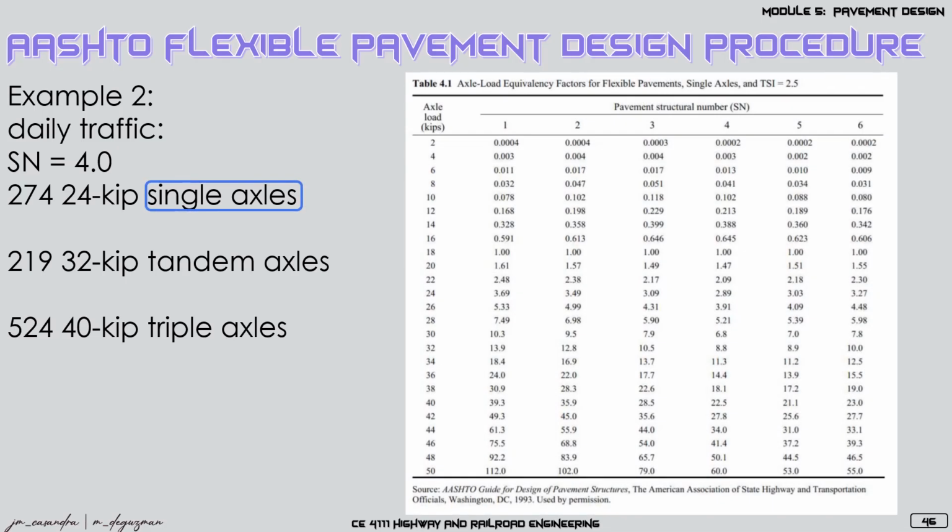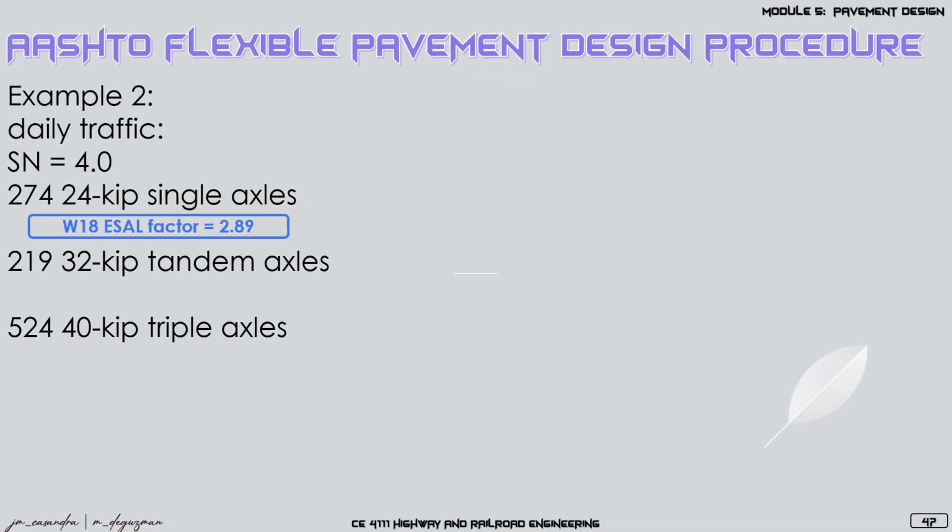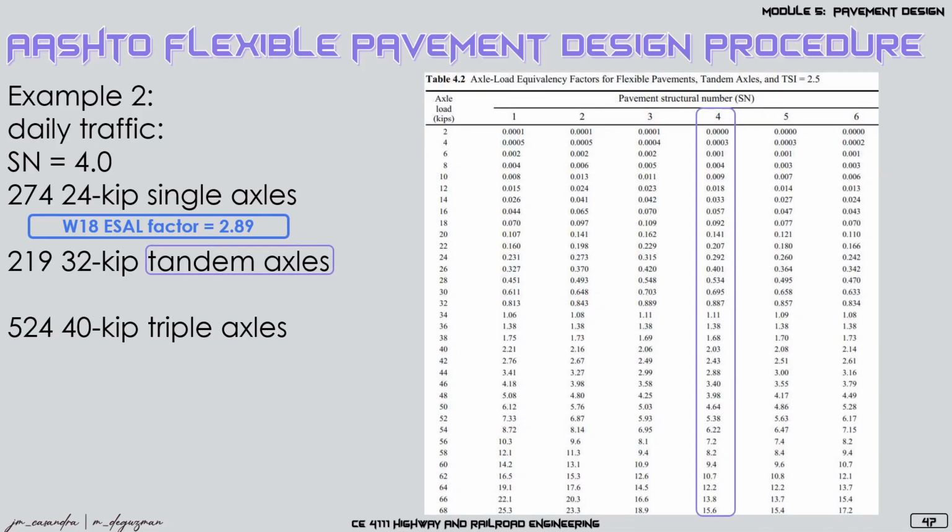For single axles, we use again Table 4.1. The given TSI is 2.5, so this is applicable. Our structural number is 4. So for a 24 kip single axle, that will give us a factor of 2.89. Next, we move on to the tandem axle, in which we are going to use Table 4.2.